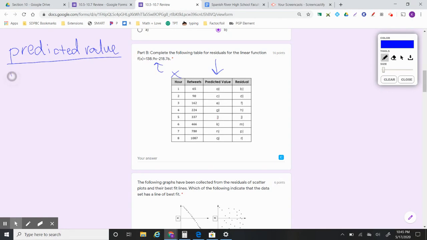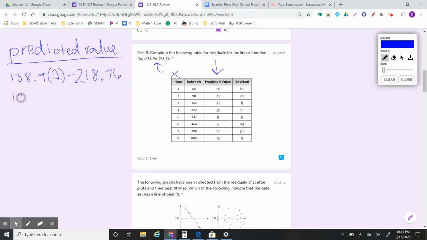So that is 138.9 times x, which in this case I am replacing with hour 1, minus 218.76.